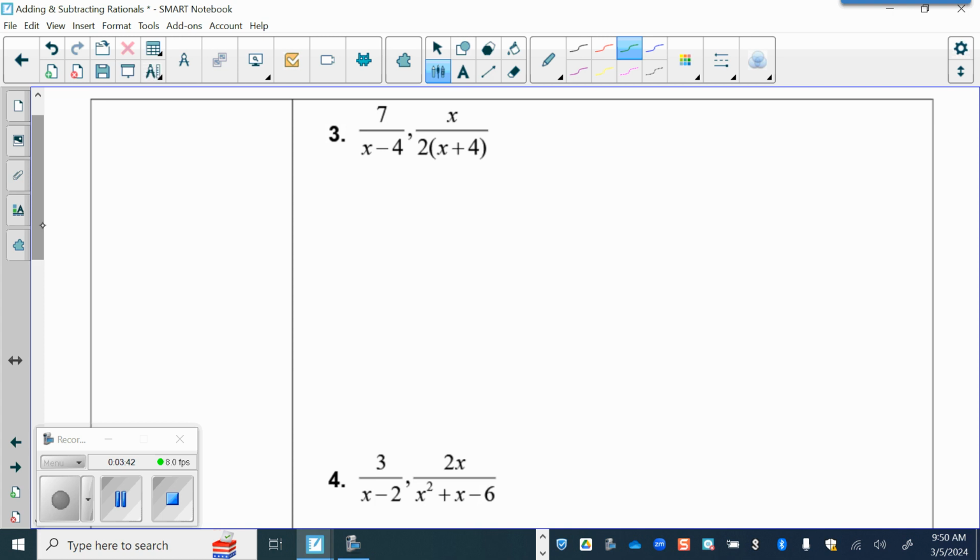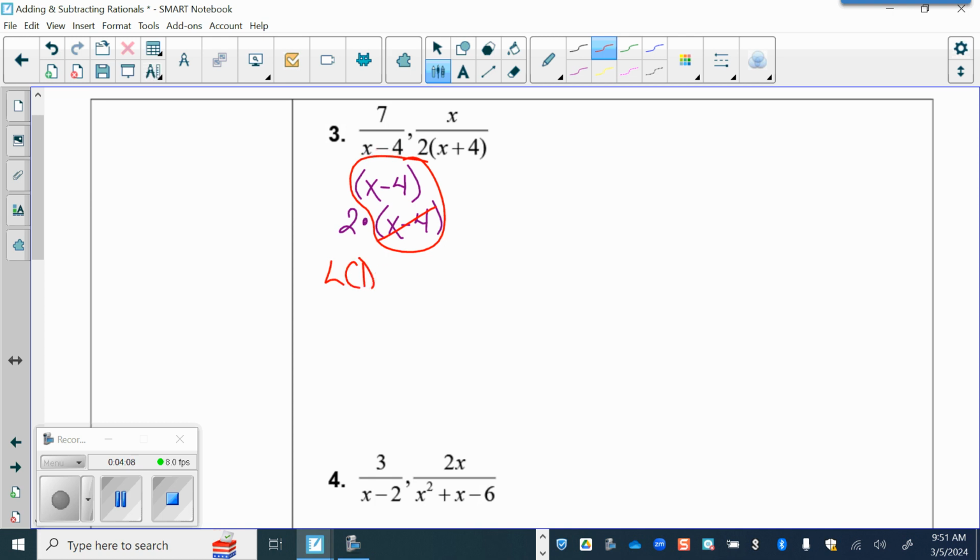Now let's do this with polynomials. These polynomials are already factored, which is really, really nice. So my first one has x minus 4, and my second one has 2 times x minus 4. What I have in common are the x minus 4's, so I'm only going to include that once in my LCD.